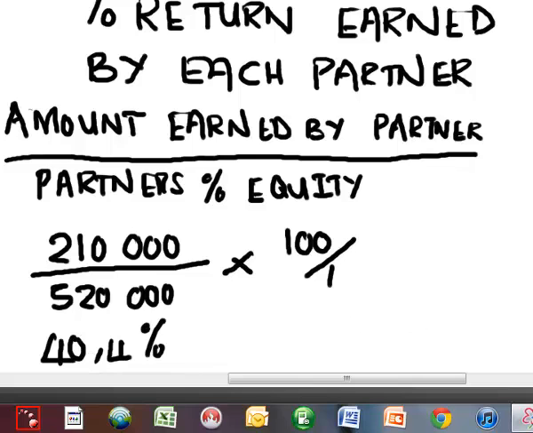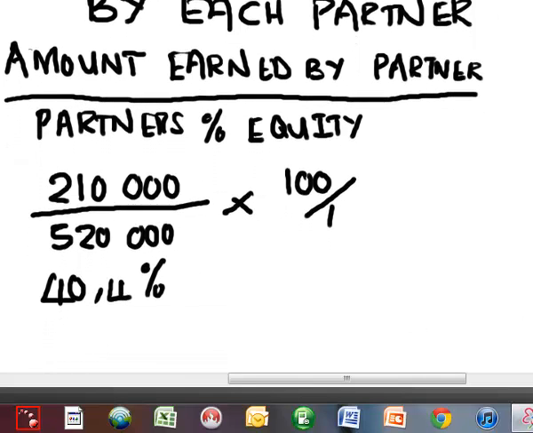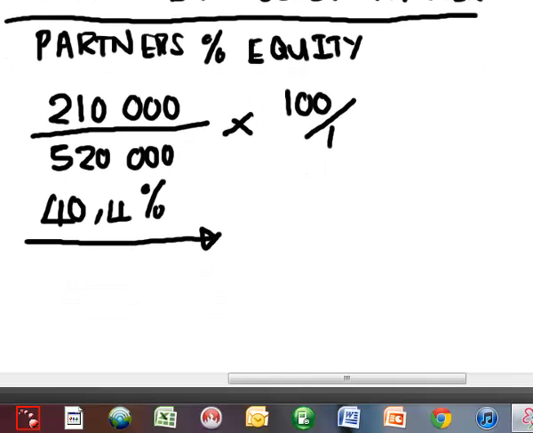Now remember, with this particular indicator, the result may appear to be high in relation to the return earned on other investments. Yes, a return of 40.4% is generally a very high return. However, take into consideration that included in the amount earned by the partner is the partner's salary.